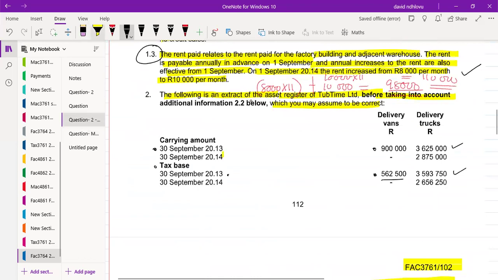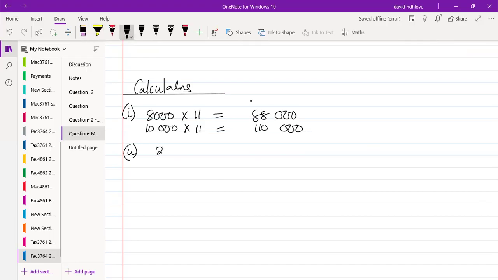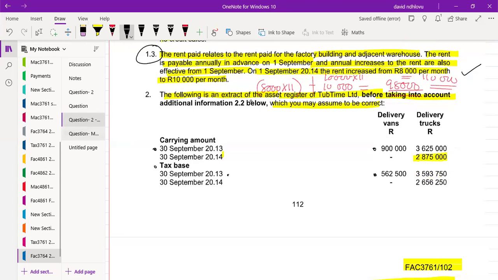We have been given the carrying amount here. I want the carrying amount for the current year. This is the carrying amount that I was given at the end of the current year, which is 2,875,000.